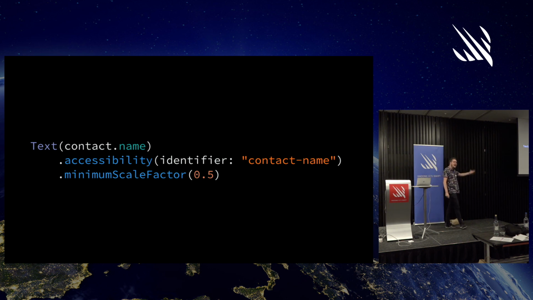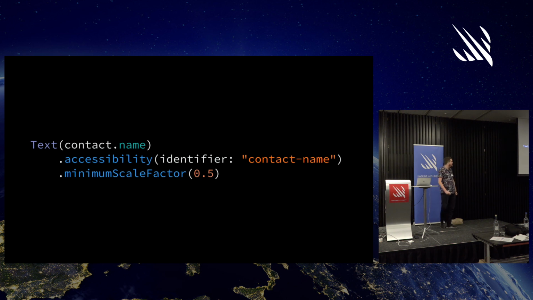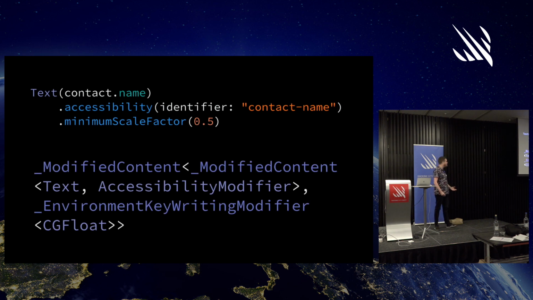Now again, what's the type of this expression? It should be even more straightforward, right? We're literally creating a Text here and just modifying some properties. It should just be a Text. Well, not really. Here is the type that we get. ModifiedContent, generic over ModifiedContent, generic over Text, AccessibilityIdentifier, EnvironmentKeyWritingModifier of CGFloat.